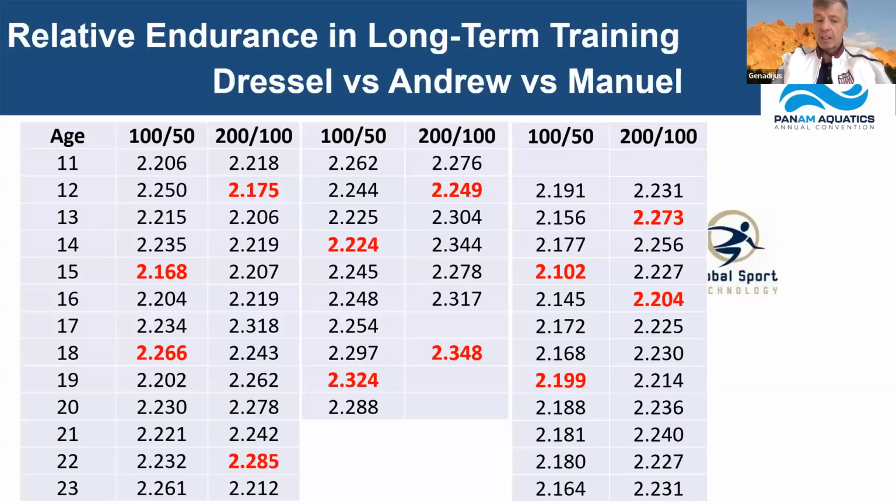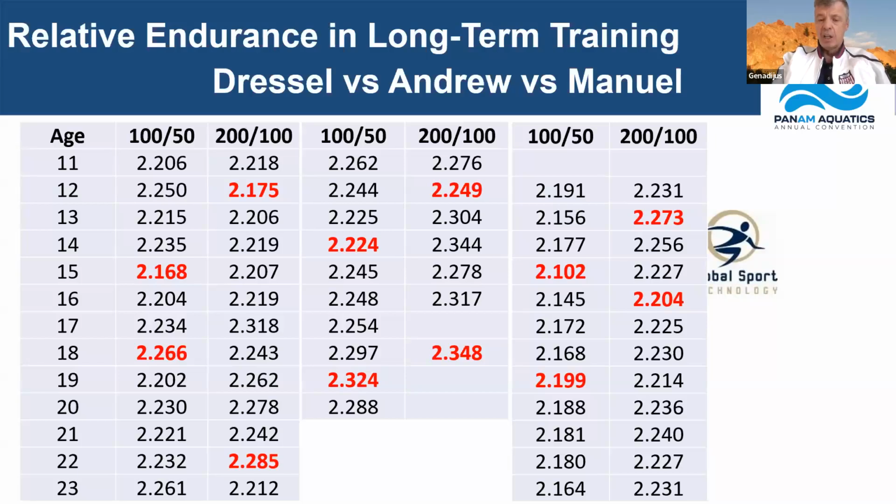And if you look right here at ratios between times, for Caleb Dressel at a younger age, he had a ratio at age 11, 200 and 100, of 2.21, and Michael Andrew, 2.26. And Michael Andrew even increased the ratio with sprint training.